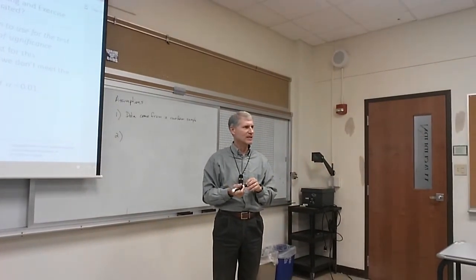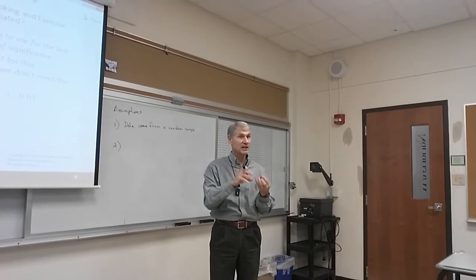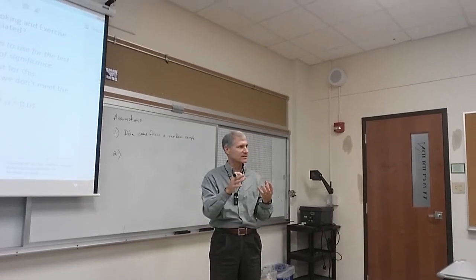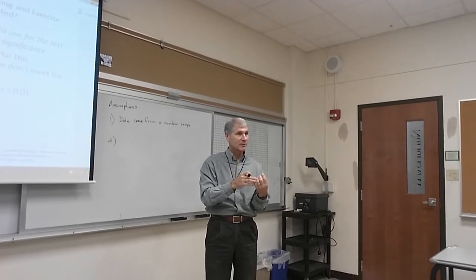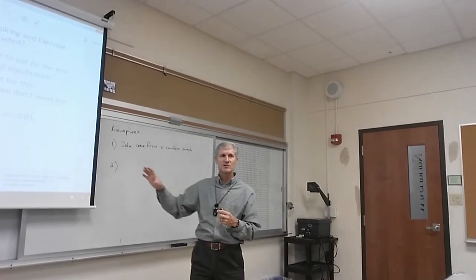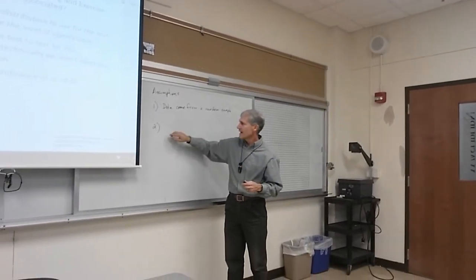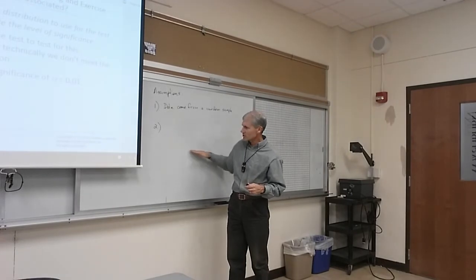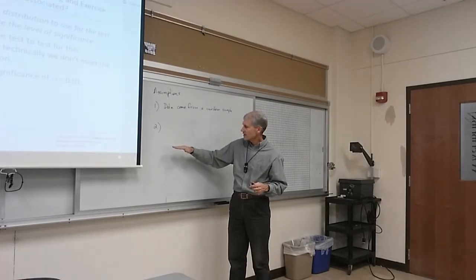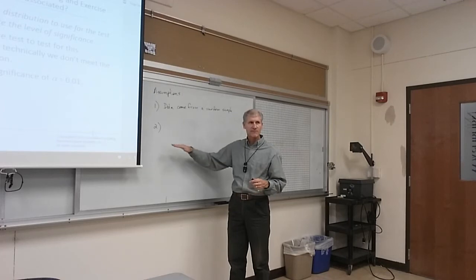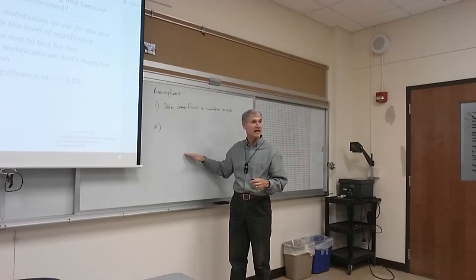Remember the np greater than or equal to 5 thing? Same idea. np is the expected number of successes, and then the expected number of failures has to be at least 5. Well, now it's a contingency table, and in the smokers row, we've got exercise, not exercise. So I've got failures and successes, and they both have to be at least 5.